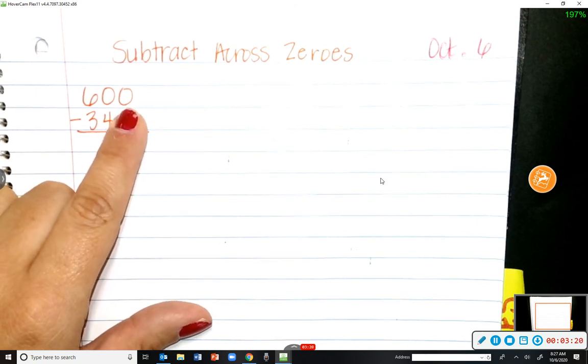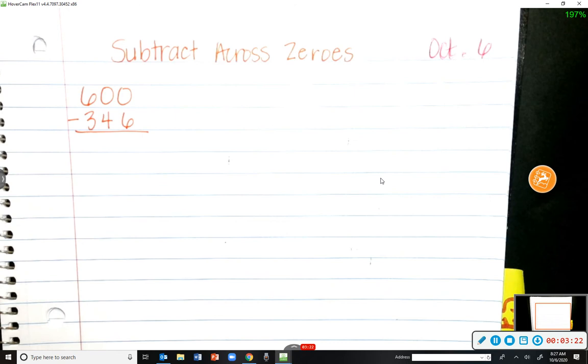If there's nothing there, you can't subtract 6 from it, right? Okay, so that means we need to borrow, which we practiced yesterday. But today we have to learn to skip that 0 because we can't borrow from a 0. We would have to borrow from the hundreds place. Okay, so that's what we're going to practice.